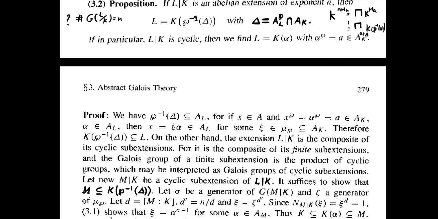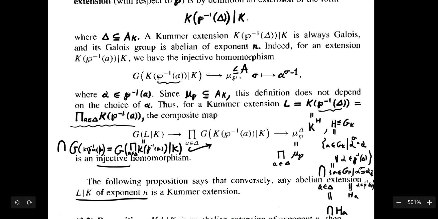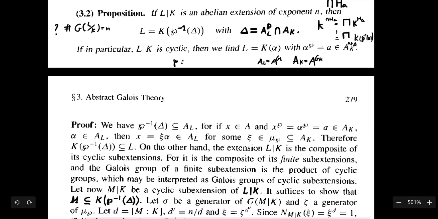This notation is also not very clear. We know AL is the fixing point of A by GL, AK is the fixing point of A by GK. But you write P, because P is an action from A to A. So of course it can be X here.